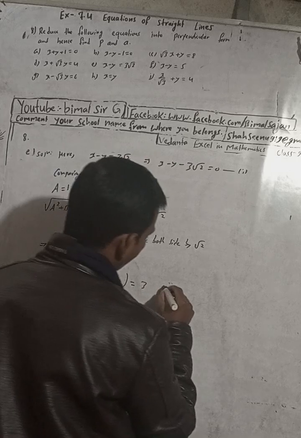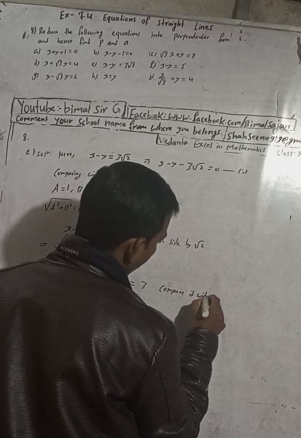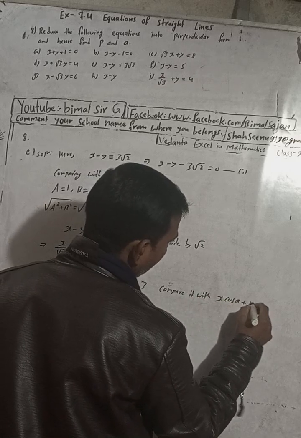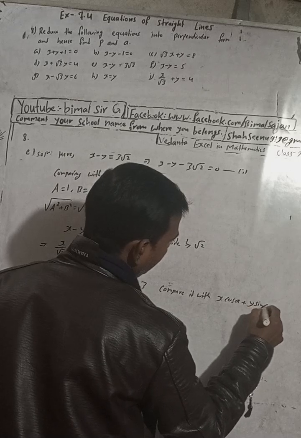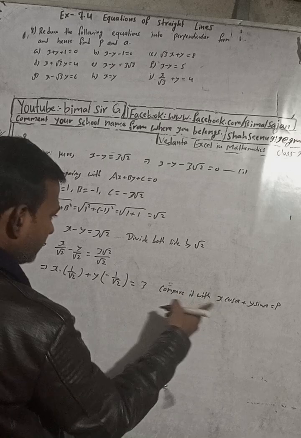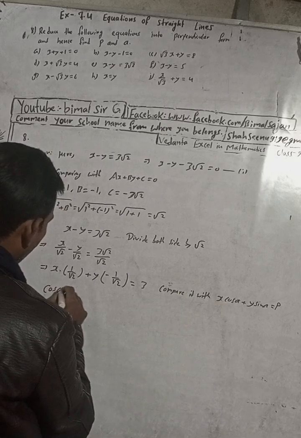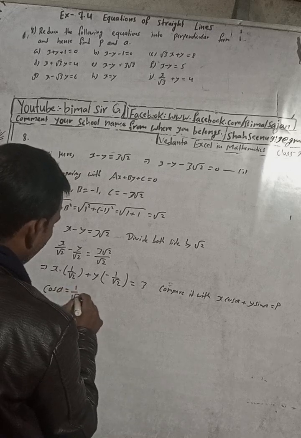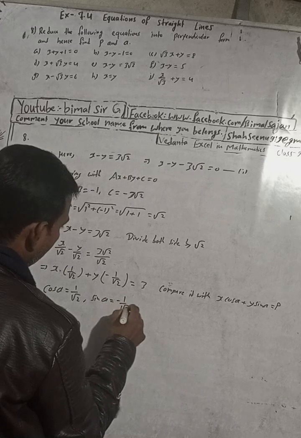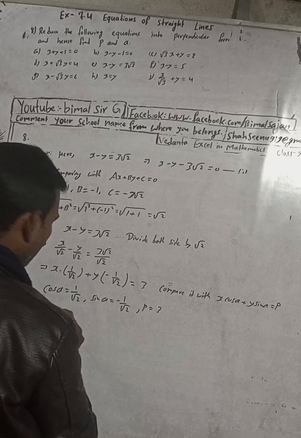Now compare it with x cos alpha plus y sin alpha is equal to p. Cos alpha is 1 by root 2, sin alpha is minus 1 by root 2, and p is 3.